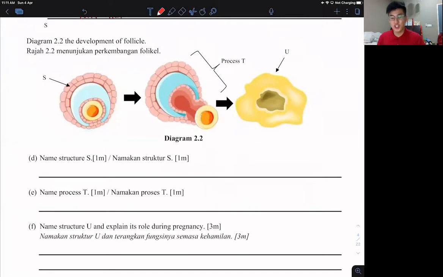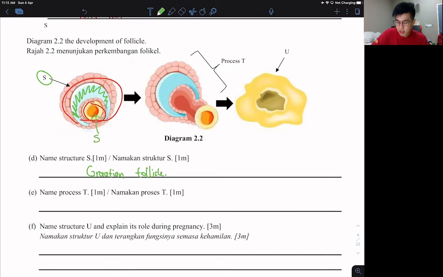Name structure S. Whenever we see the follicle surrounding the oocyte with a lot of empty space inside, S will be the Graafian follicle. Inside it is my secondary oocyte that has already stopped at metaphase 2.